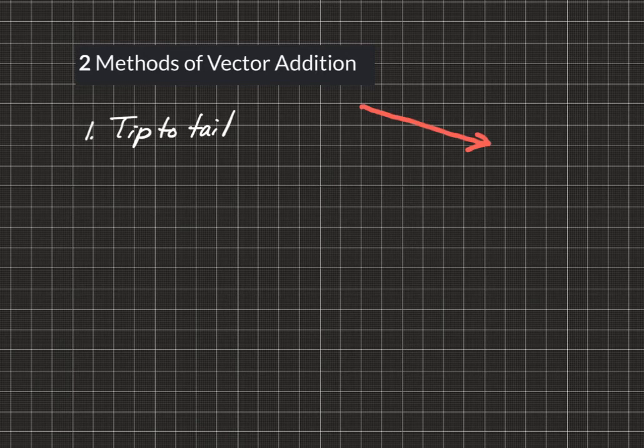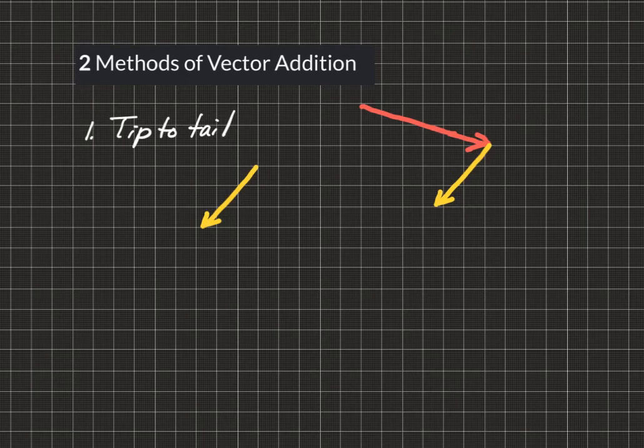Let's illustrate this method with a couple of vectors. I've drawn one. Here's another. If we want to add those two vectors, I'm going to leave that one where it is. I could just move it, but I'm going to leave it there so you can see that in the end it will be in the same direction. So I'm just going to slide this copy of it over here to the tip of the first vector. I put the tail of the second vector to the tip of the first.